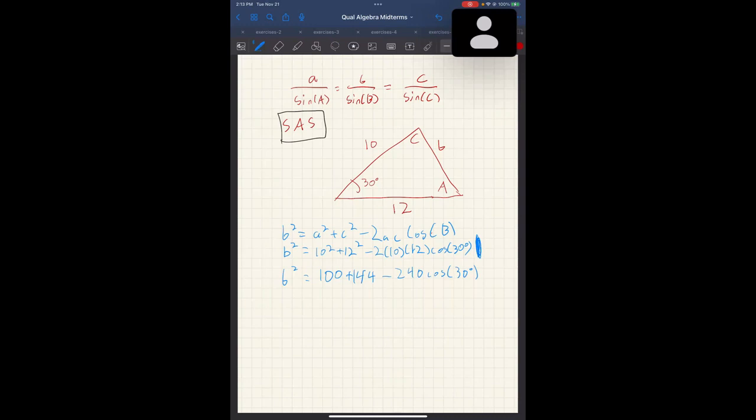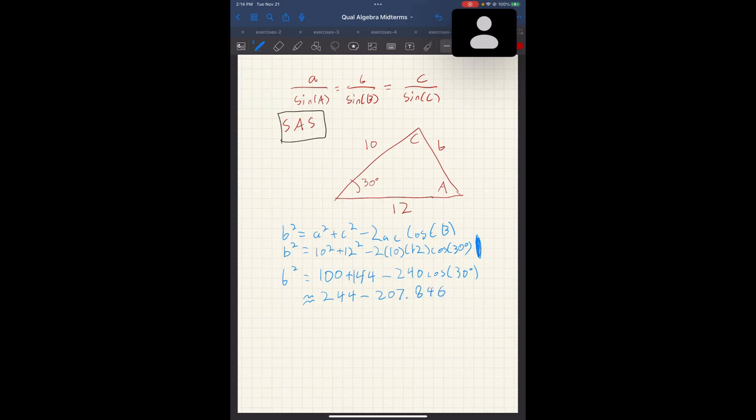So I can go to my calculator and I can type in cosine of 30 times 240, which gives me about 207.846. And I'll go ahead and add 100 to 144. I say that's 244 minus 207.846.